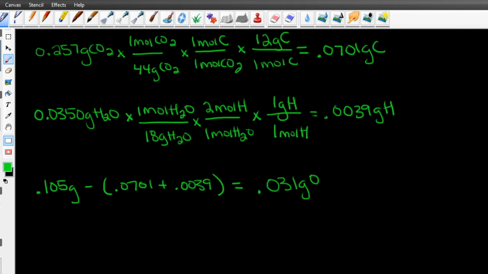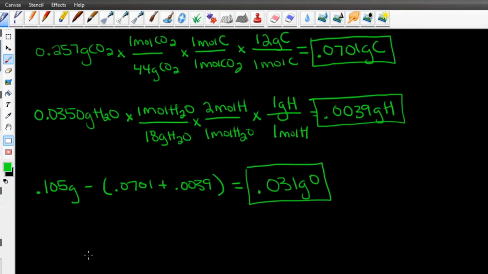Now what I can do is a standard empirical formula problem where I go from mass of carbon, mass of hydrogen, and mass of oxygen to figure out the empirical formula of the compound. Okay, so I'm going to use these three mass values, convert them all to moles, divide by the smallest to get a mole ratio, and so on.